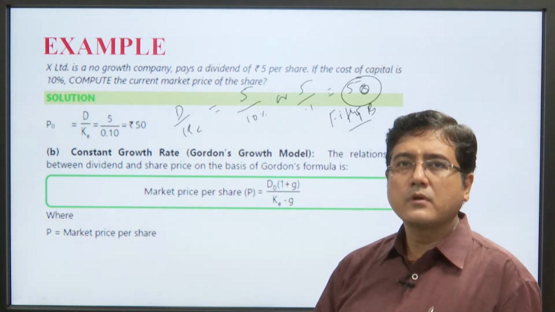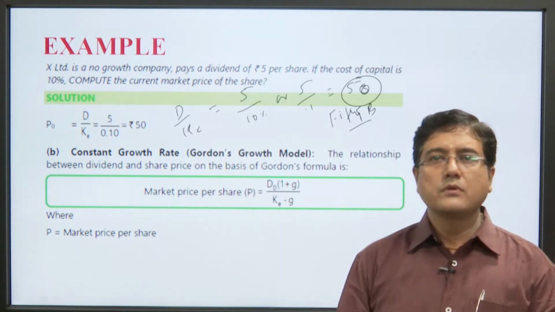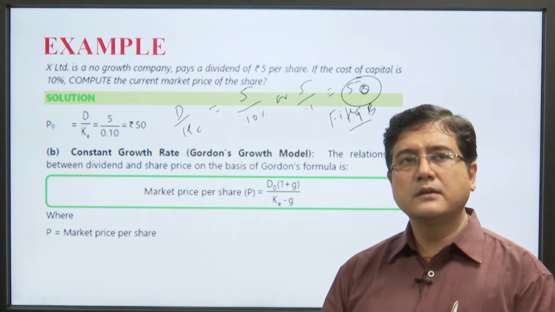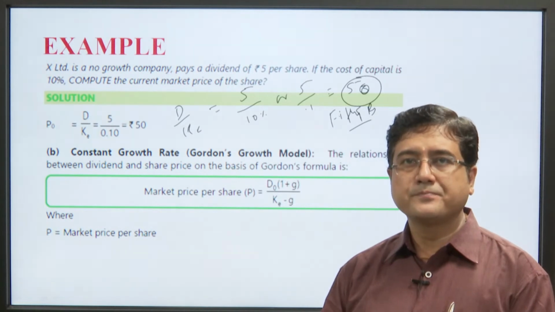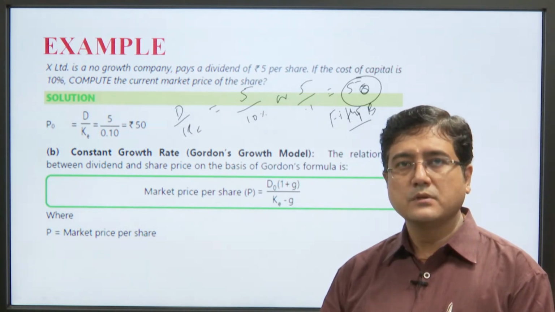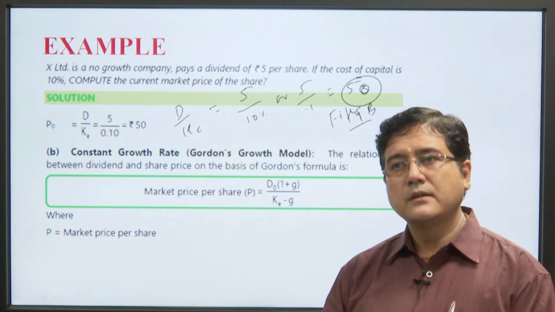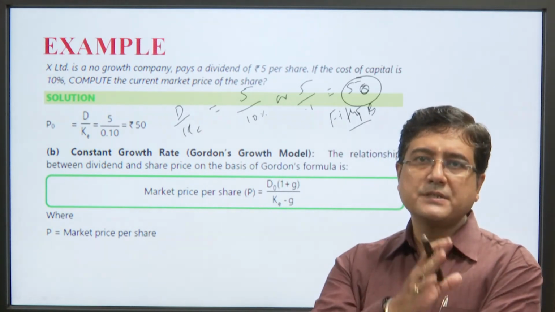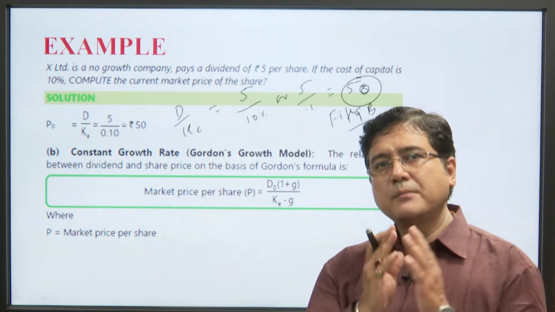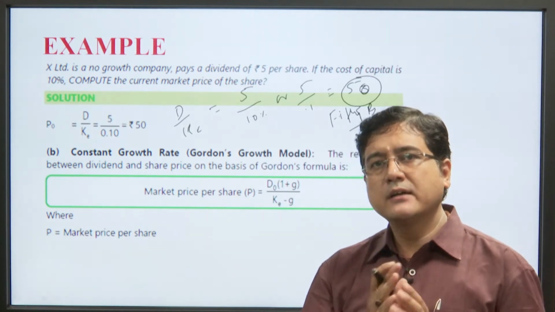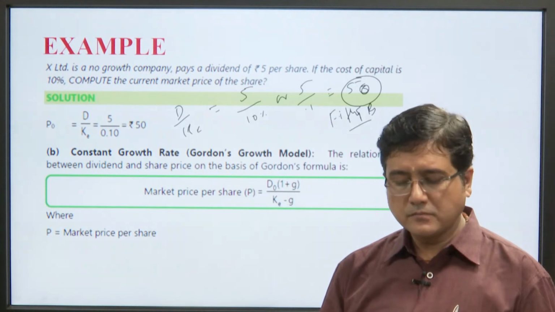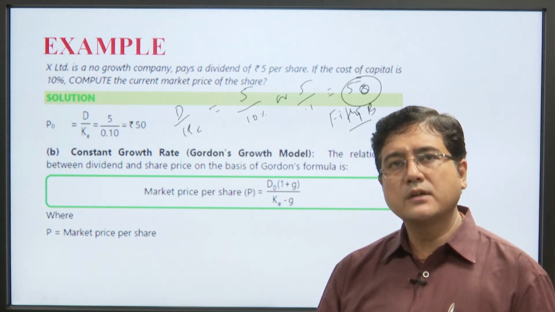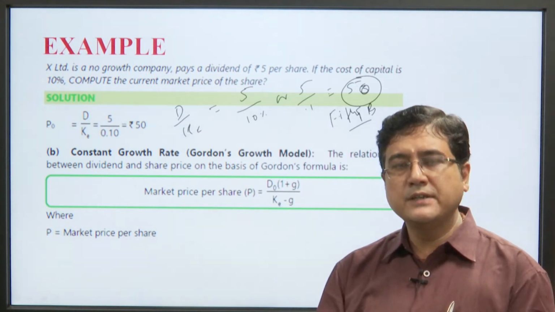Okay. Now, the second important classification is constant growth rate. Constant growth rate, like 5% growth or 10% growth each and every year; the company provides constant growth to the stockholder every time.